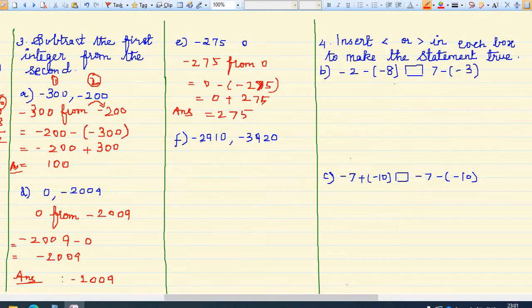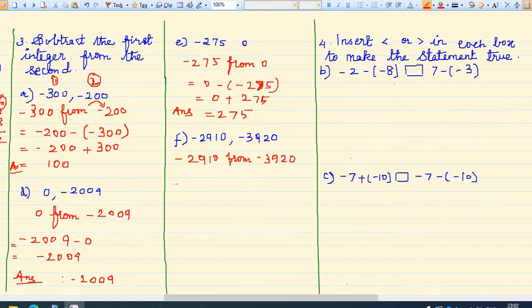Now listen, minus 2910 comma minus 3920. Like this also you have to arrange. So minus 2910 from minus 3920.